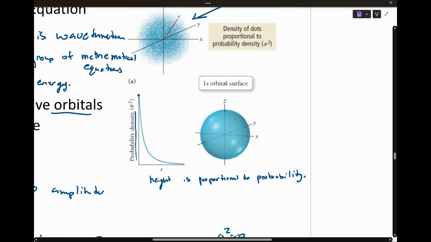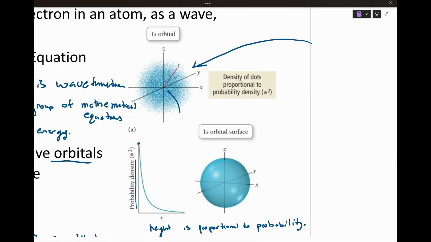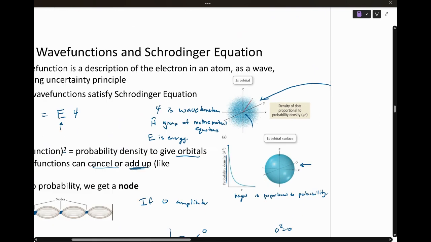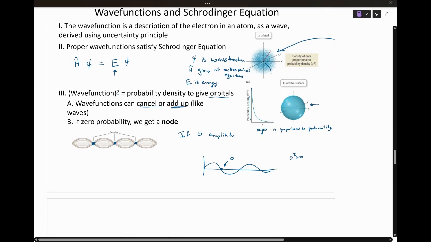And we're going to see that even though we're most likely to find it near the nucleus, there's still going to be no probability of finding it there. And instead, we're going to determine the shape of the orbital itself by considering this density as well as one more term. Okay? But we'll get there in just a second.